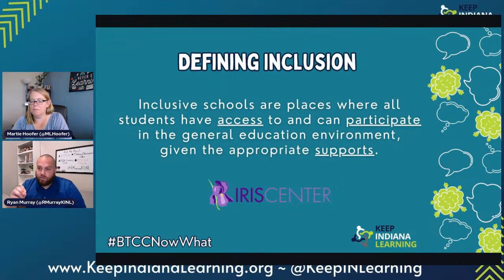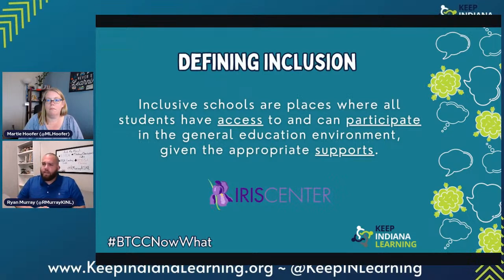So I've underlined a couple keywords there. Access, right? Students have the ability to begin in a classroom. Sometimes students walk into a classroom without feeling like they have access, and they immediately are not part of that environment. And then participate. A student may enter the classroom and feel like they have access, but they don't necessarily have the means.